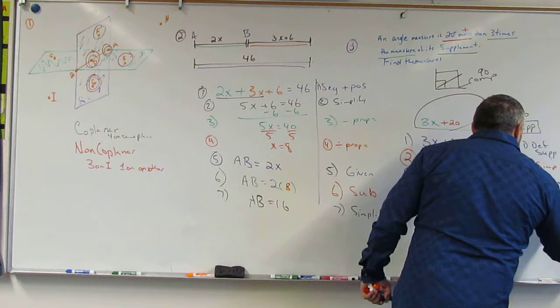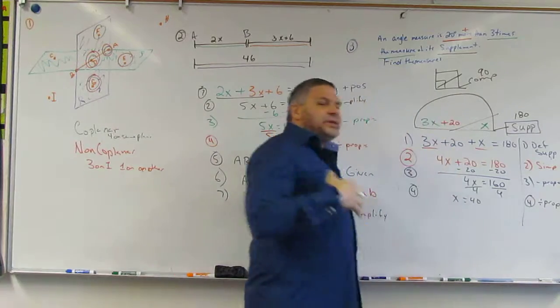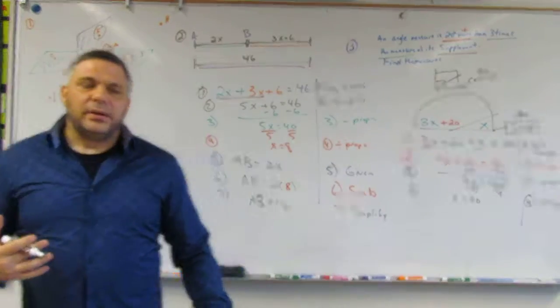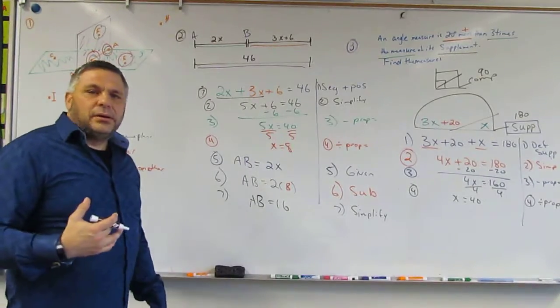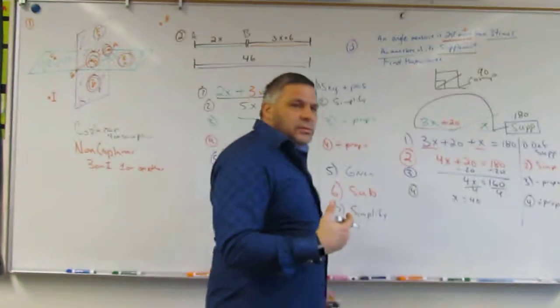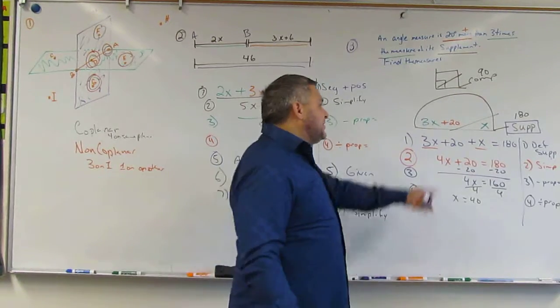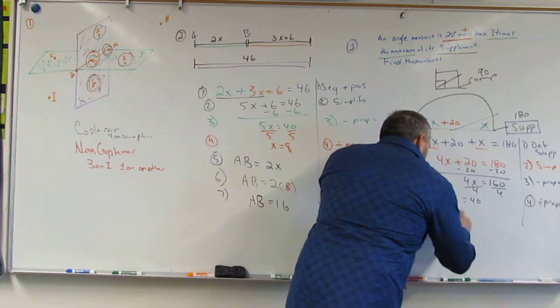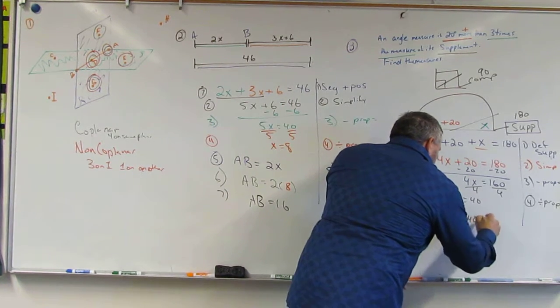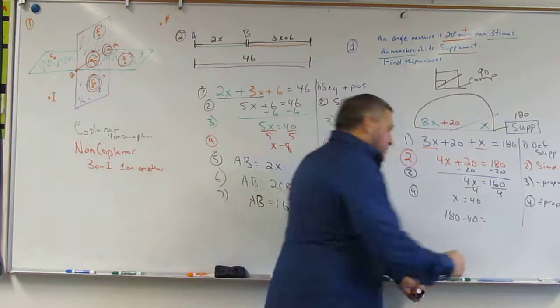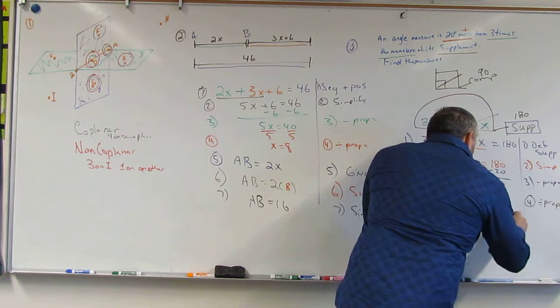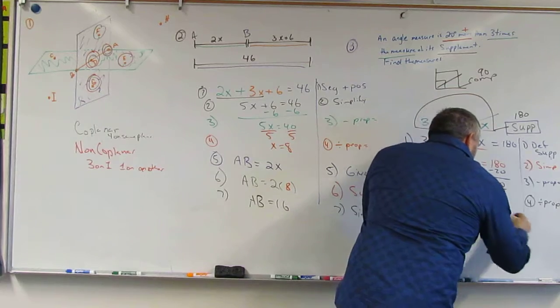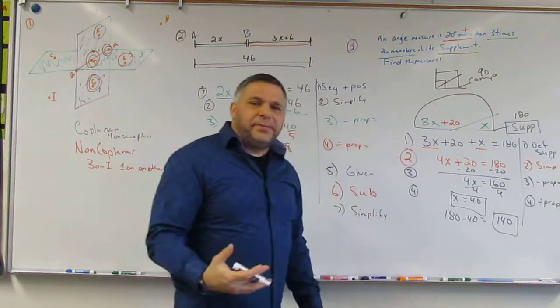Division property of equality. So what would the supplement be? If x is 40, how much is the other one? Wouldn't it just be 180 minus 40? Yeah. Which is 140. So you have 40 and 140, and those are your two supplements.